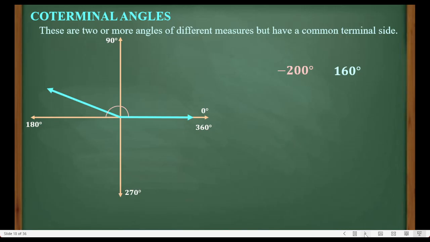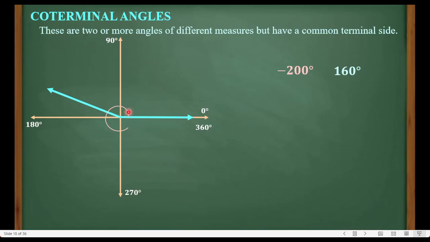Now, if we try to determine another angular measure, we just consider the first figure. So let's just say we start at this position, along the positive x-axis, and we try to rotate this side until it reaches the same terminal side. So what happens?